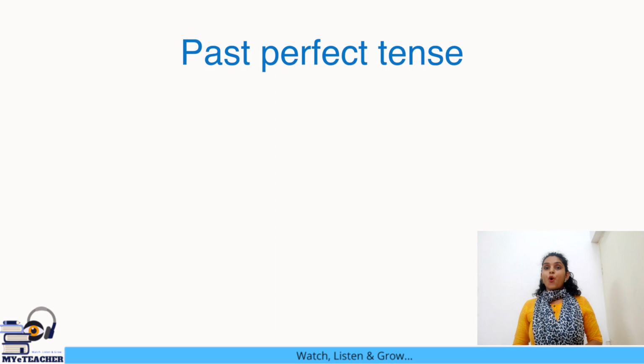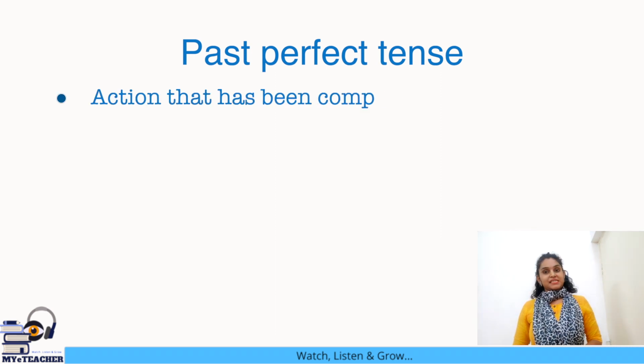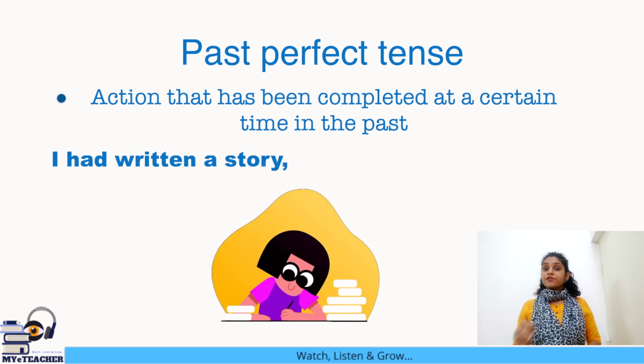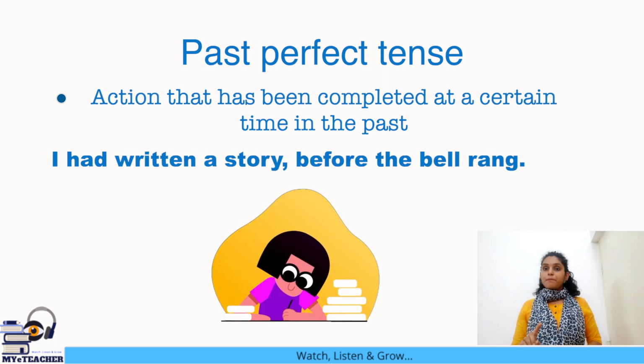Let us now move on to past perfect tense. Past perfect tense is used to express that an action has been completed before a certain period of time in the past. So it started in the past and it ended also in the past. For example, I had written a story before the bell rang.